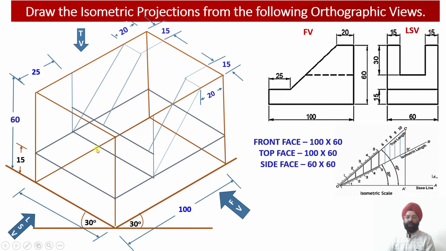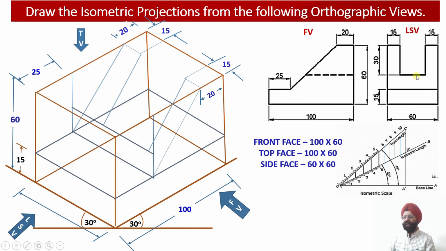So this was the bottom of the web. So from this point I have drawn this edge, again a reference line, 15 millimeter above this particular top face of the rim, so that this thickness, please check, this thickness I have mentioned as 15 millimeter.